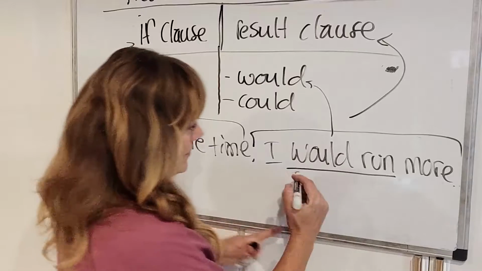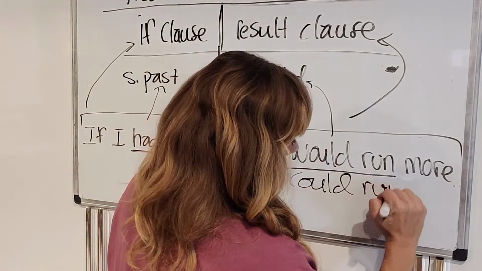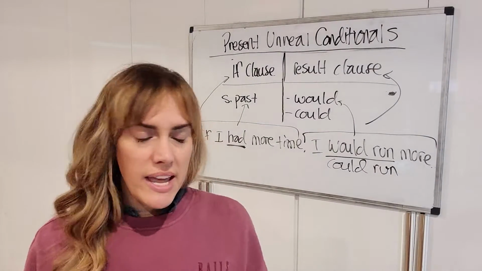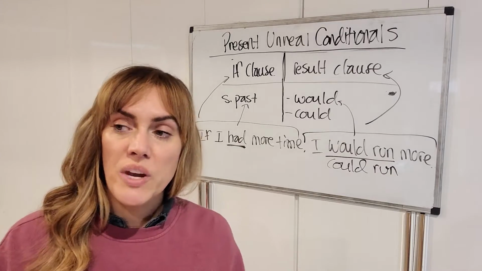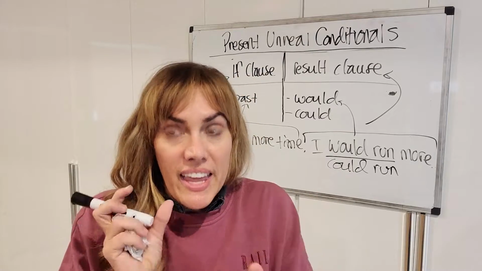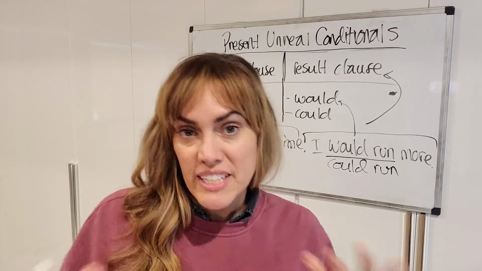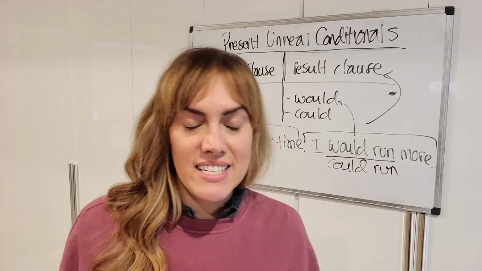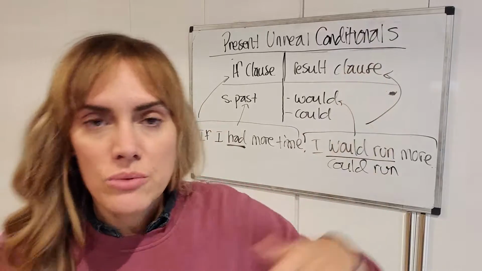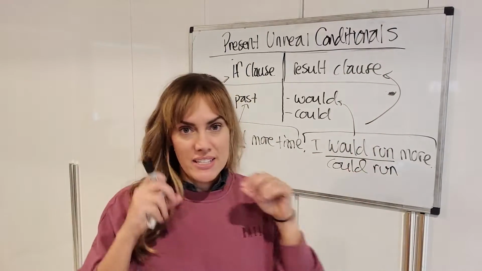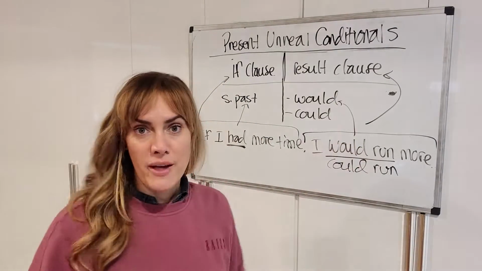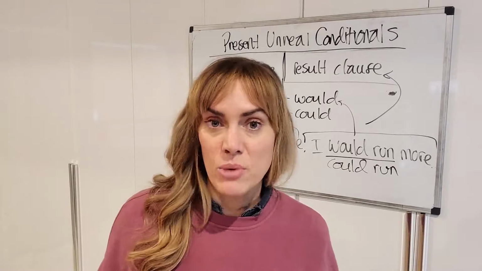If I say, if I had more time, I could run more, what I'm saying is, in that situation, I would have more time and therefore it would be a possibility for me to use that time running, but I could also eat, I could also travel, whatever, okay? Could means possible. Would means certain. Both of them are not going to happen because I don't have more time.